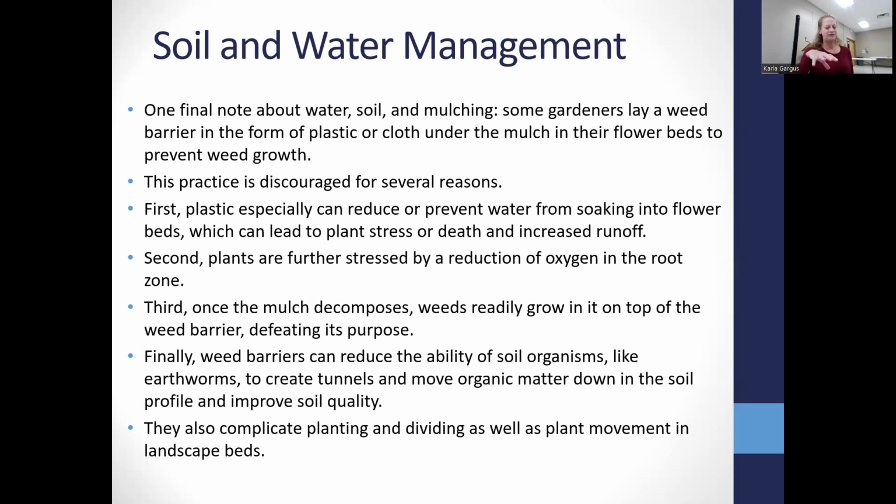So you put the weed barrier fabric down and you plant, and then you put a mulch on top of that. Well, weed seeds are brought in by wind, birds, animals. They're going to drop those seeds on top of that mulch and on top of the weed barrier fabric. So it really does not help to solve the weed problem. And if you've got Bermuda grass or crabgrass, that stuff's going to come right through it.